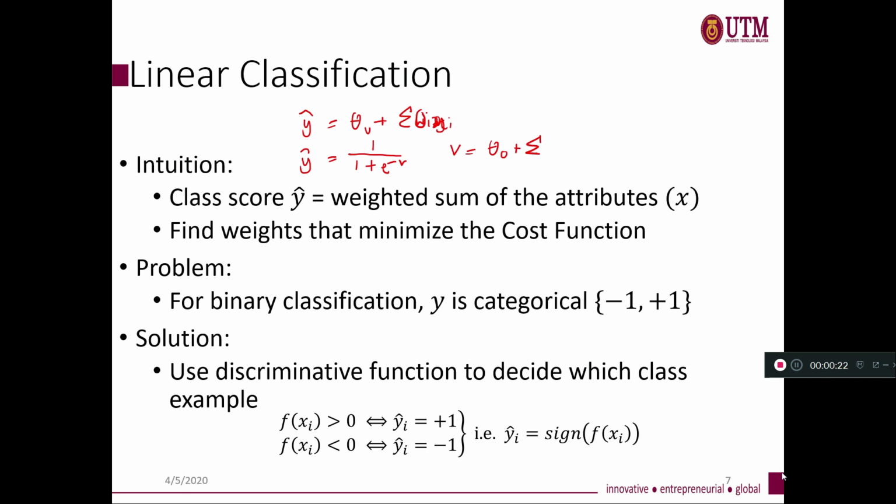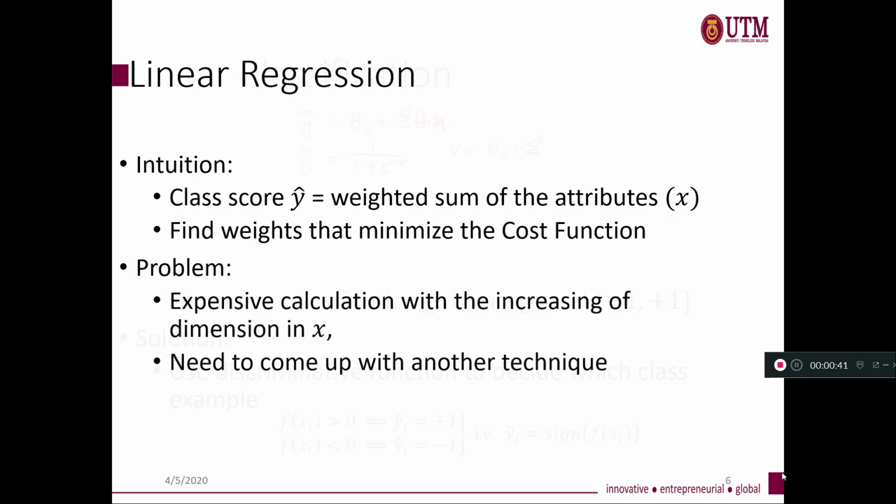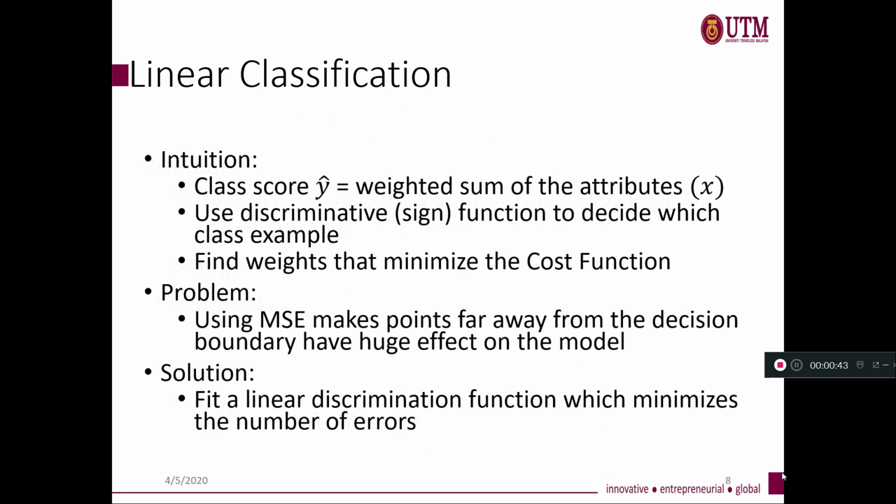In some textbooks they call linear classification logistic regression, because the word logistic comes from cascading a sigmoid function with your linear function. So you call it logistic regression, or you just call it linear classification. Just don't confuse the linear function for regression with the linear function for classification.